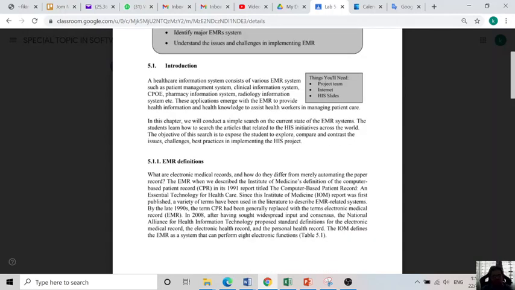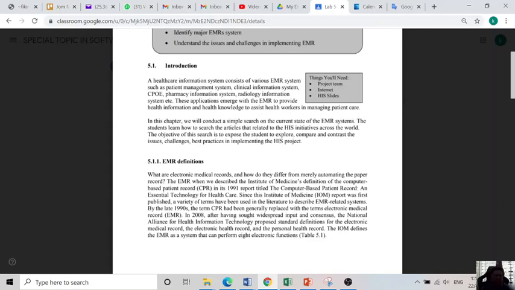Some introduction, or this is some revision of the EMR system and EMR record. EMR stands for electronic medical record, and the system that generates the EMR consists of, for example, a patient management system, clinical information system, CPOE, which is order entry, pharmacy, radiology, etc. These modules I always repeat and repeat.